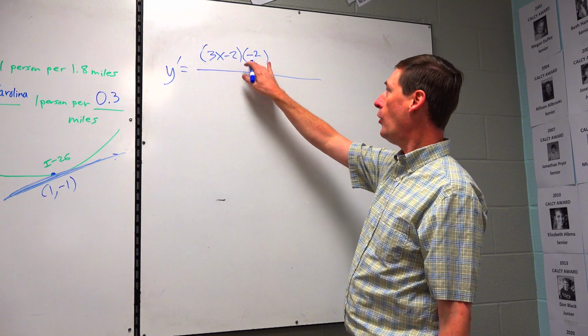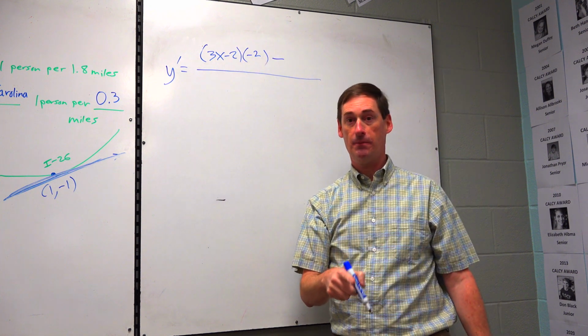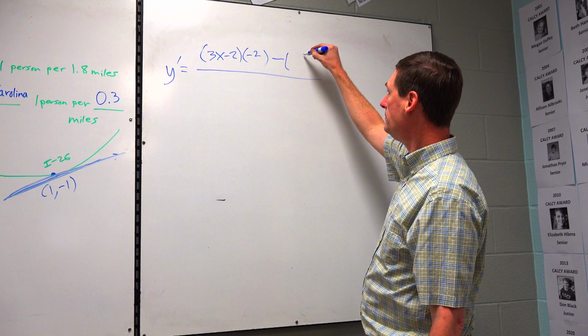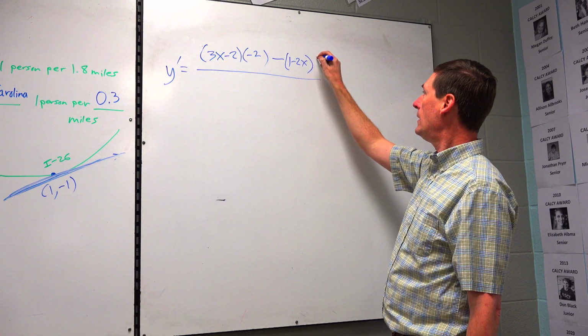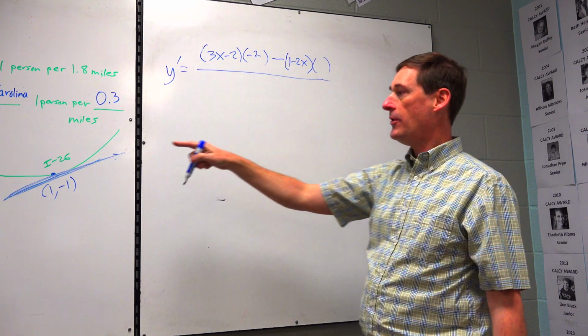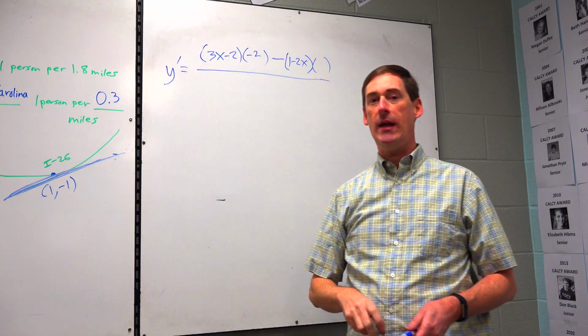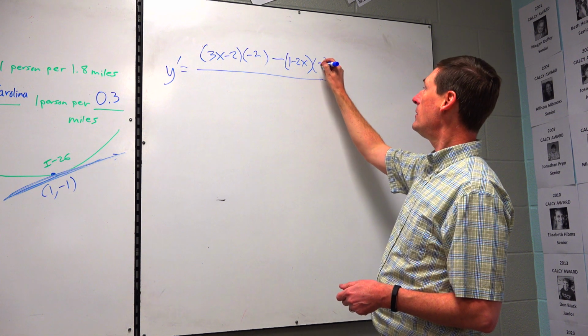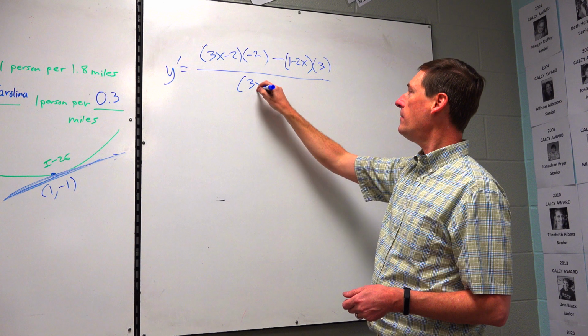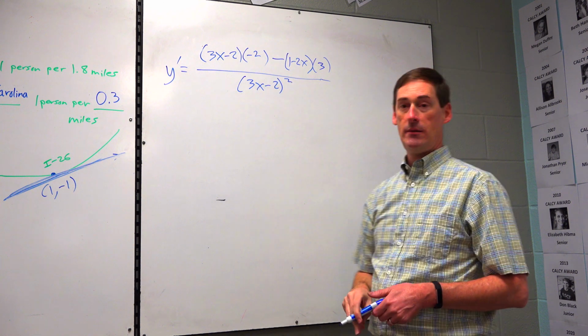Okay, Ho D Hi minus Hi D Ho: Hi is 1 minus 2x times d Ho. And the derivative of 3x minus 2 is 3 minus 0. So 3, over the bottom squared.